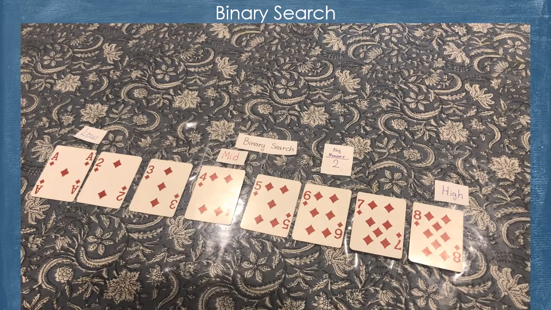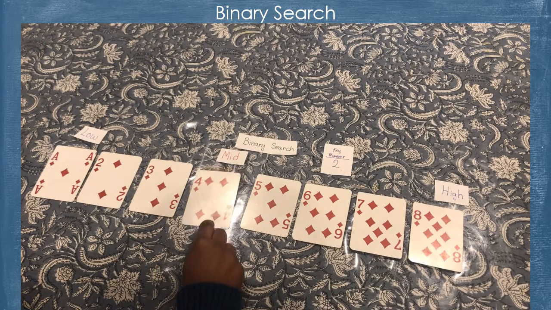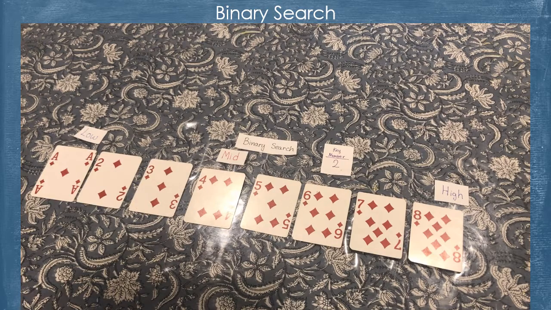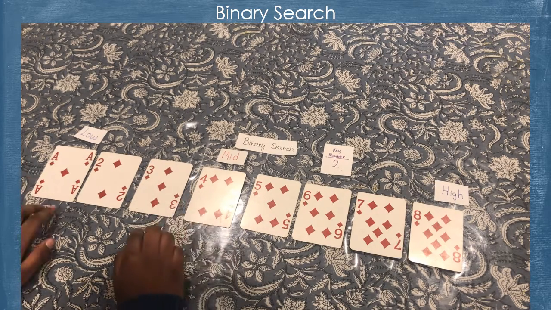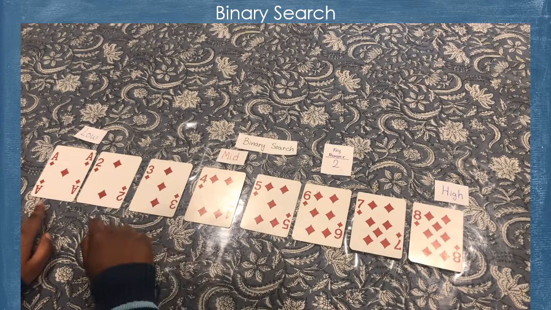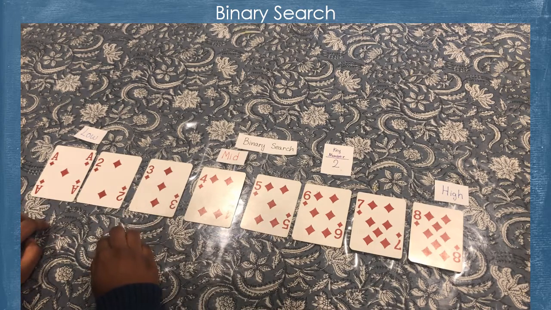4 is our middle number in this case. We see that 4 is not equal to 2. In fact, 4 is greater than 2. Since we know that 4 is greater than 2, we know that the key number would be on this half of the array.